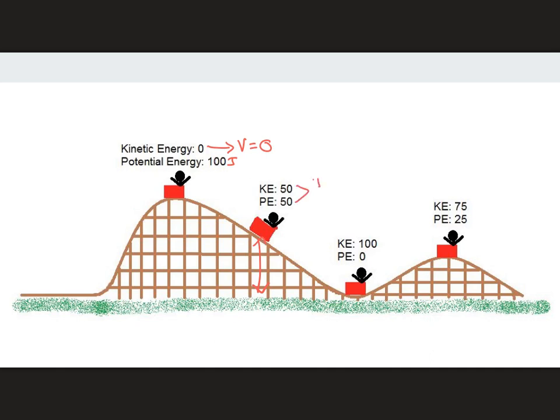Why? My total is always equal to that 100 joules. Now, as this moves down, I see that my potential energy is 0 because my height equals 0, and all that total energy is now in kinetic energy, and my total is still 100 joules. We can see that here, my total is still 100 joules.